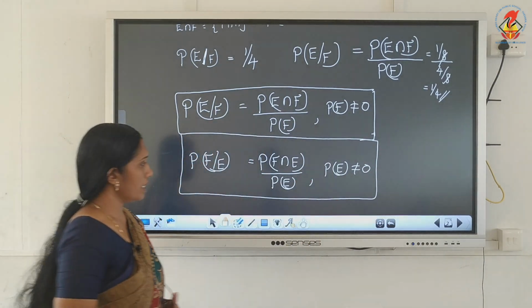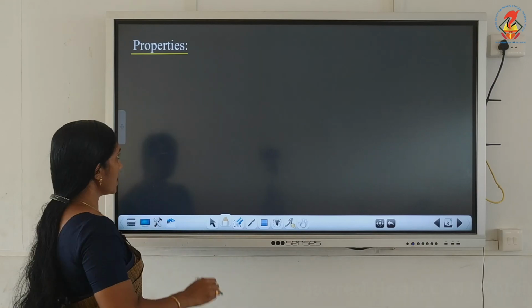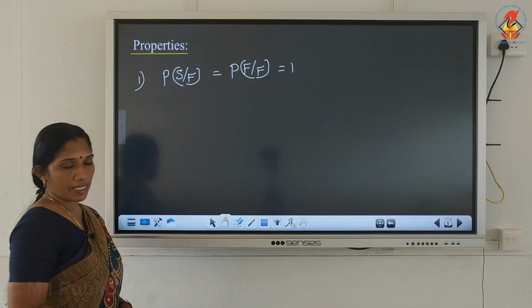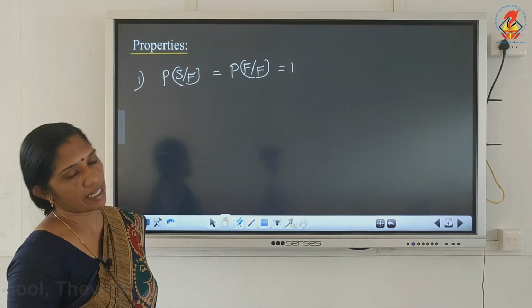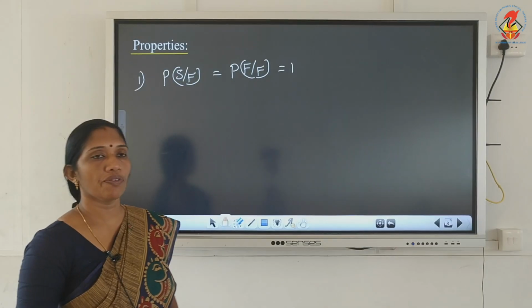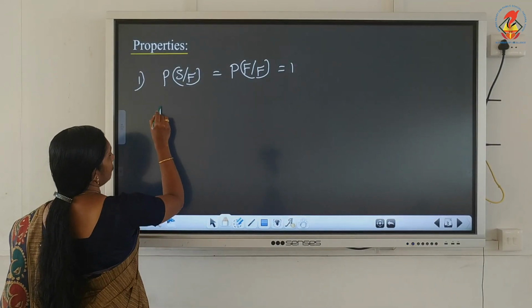Now we have properties. 3 properties are there. The first property: P of S given F and P of F given F, both are 1. Here S is a sample space and F is an event associated to the sample space S. Then the property is P of S given F and P of F given F both are 1. So how to prove this?